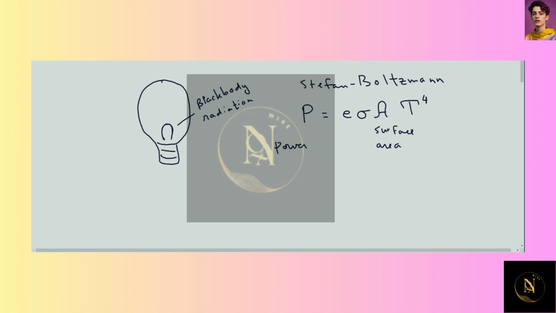And that is an interesting law: the power radiated is very sensitive to temperature, or the temperature depends very sensitively on the power, however you want to think about that.